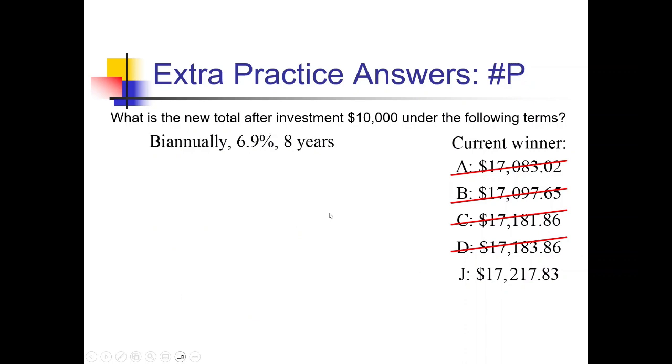So here it is, the final challenger, Plan P. Biannually, 6.9%, which is a pretty good interest rate, but only 8 years, so that might be a problem. So PB to the T, we've got 1 plus 0.069 over 2 for biannually, raised to the 2.